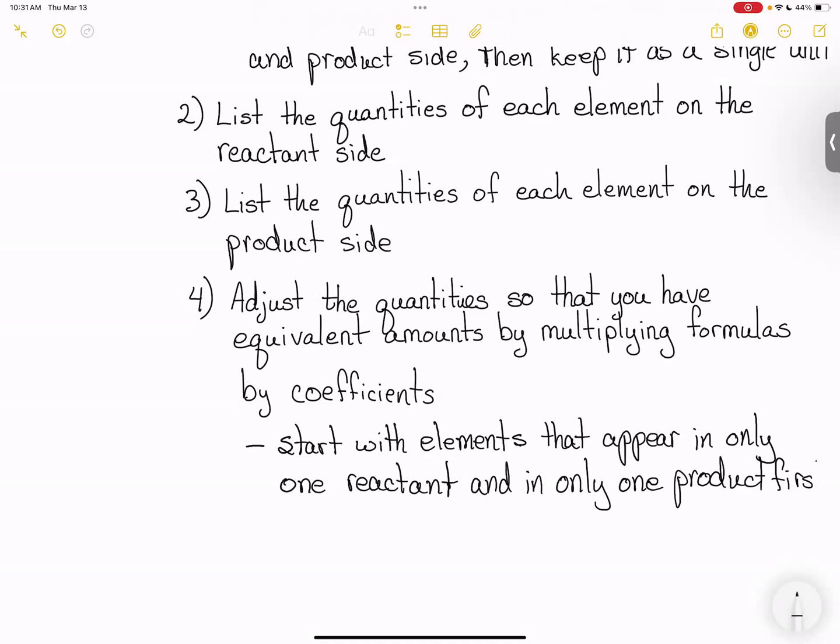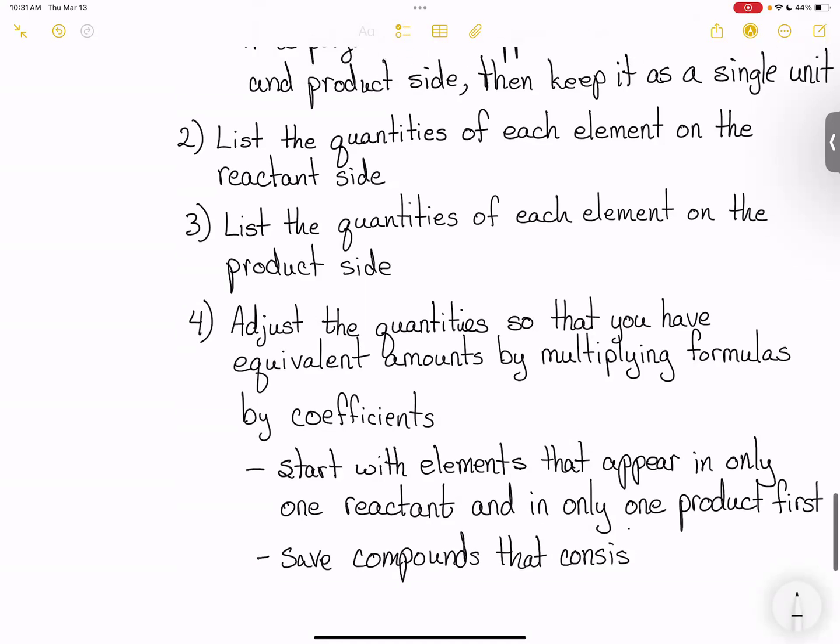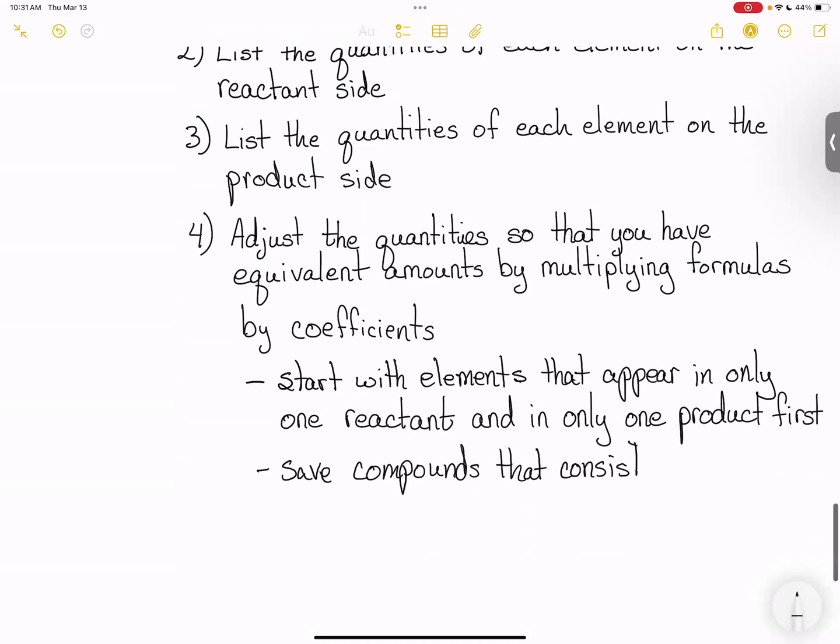And you're going to save compounds that consist of only one type of element until last.